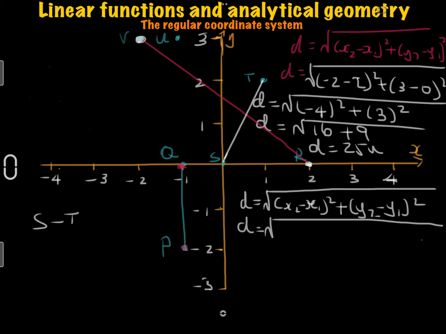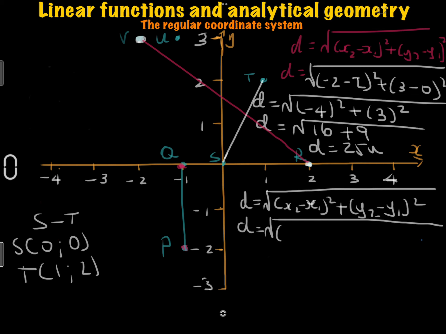Let's start with the coordinates of S. X is 0 and Y is also 0. For T, our x is 1 and our y coordinate is 2. Now let's substitute.